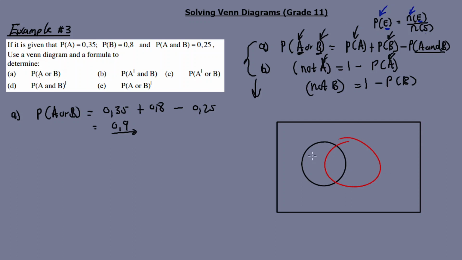Alright, now A, now B. So we start at the intersection, 0.25. The probability of A should be 0.35, so we need 0.1, because 0.1 plus 0.25 is 0.35.